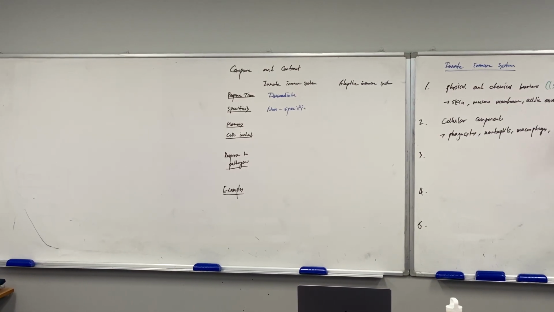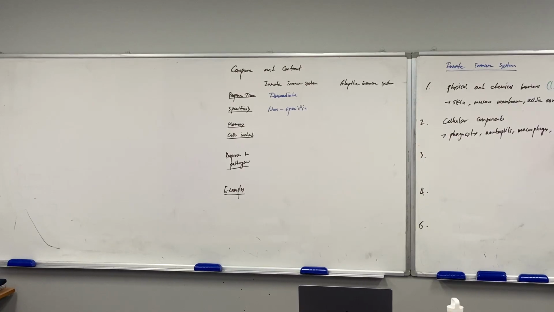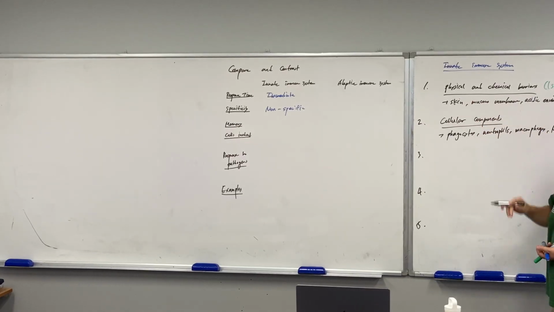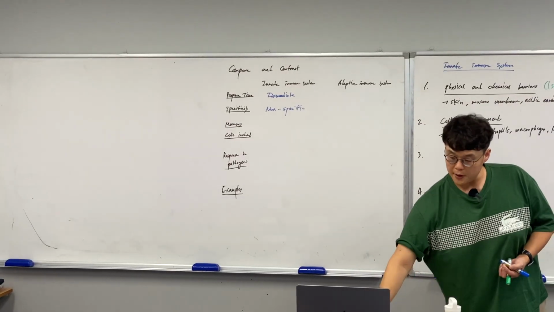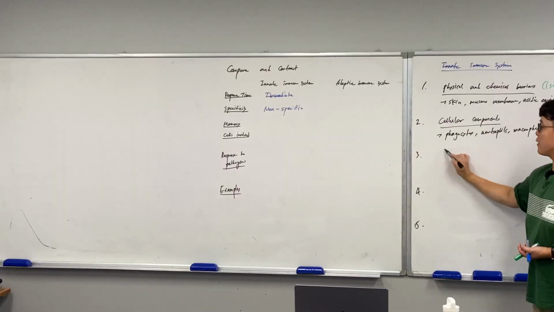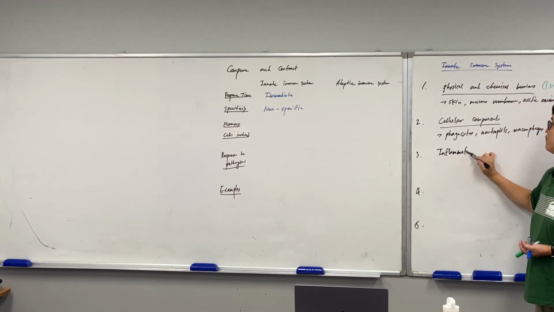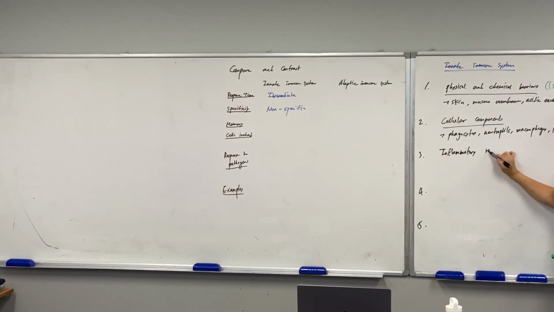There are also natural killer cells, NK cells, which kill the infected cells. This is the second component of the innate immune system. The third, which you also really need to study, is the inflammatory response.